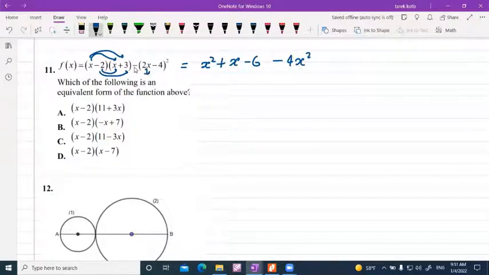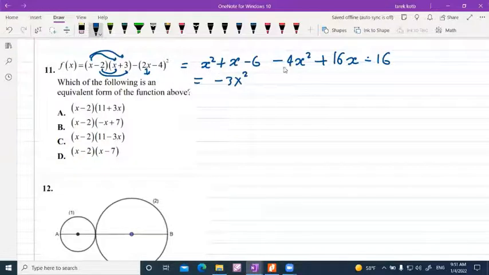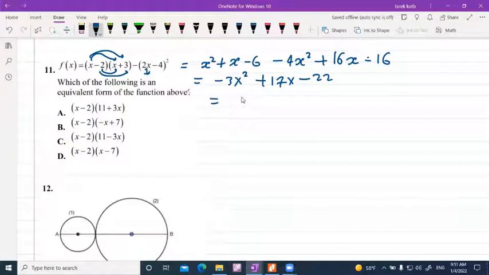So I square this, it will be negative 4x squared, and then multiply this by this and then by 2 and multiply it by the negative sign. So it will be 16x, and then square the last number and multiply it by the negative, it will be negative 16. Simplify, it will be negative 3x squared, because this is x squared, negative 4x. It will be negative 3x squared plus 17x minus 22.